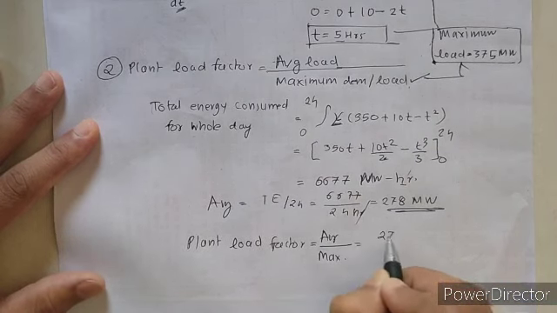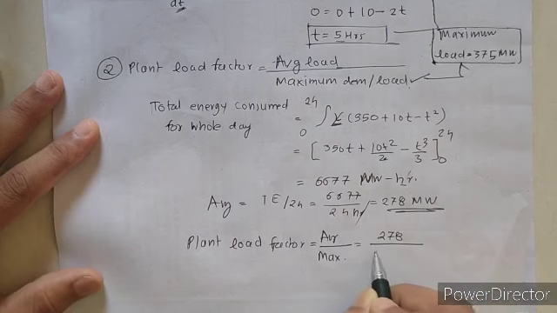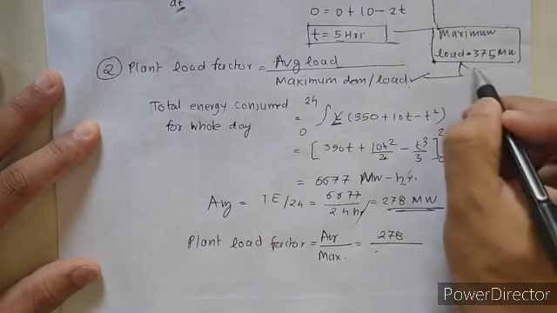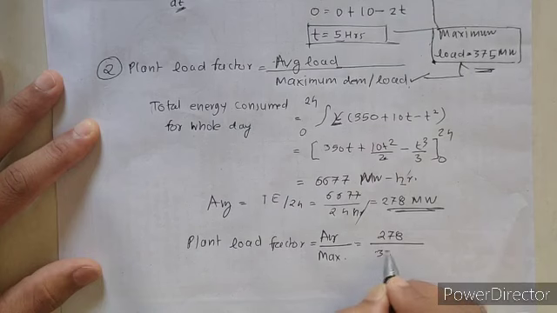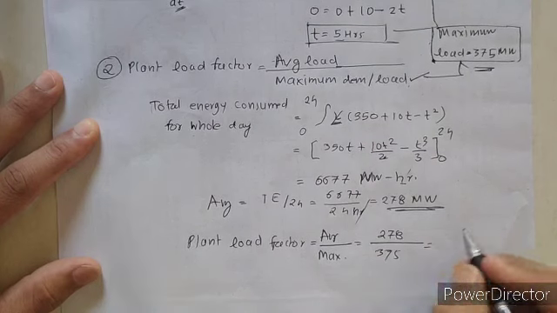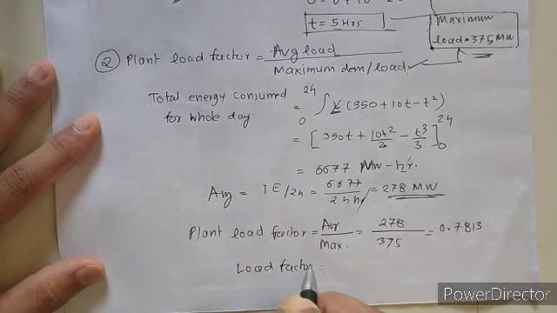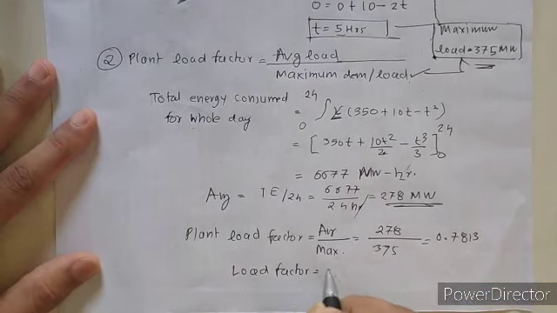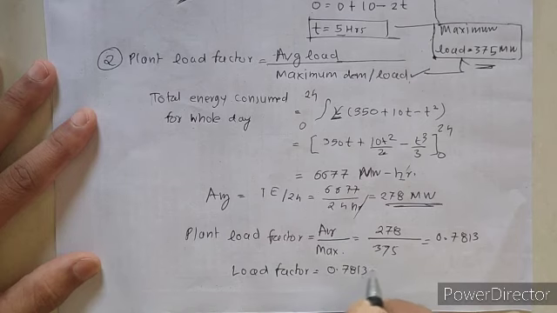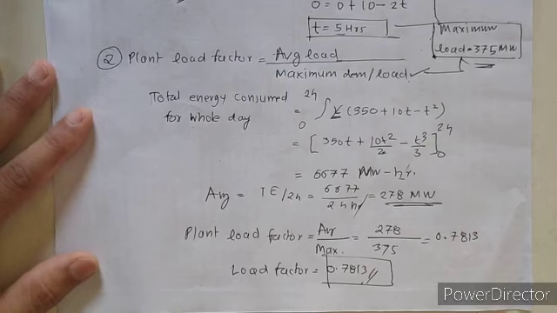Average is 278 megawatt divided by the maximum load, 375 megawatt, so it will be about 0.7813. So the load factor is 0.7813. This will be our final answer for this numerical. Thank you.